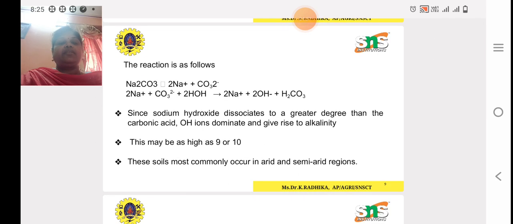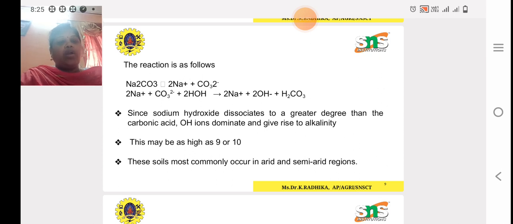Then the reaction is as follows. Sodium carbonate gives sodium plus carbonate. Sodium plus carbonate plus water gives sodium plus hydroxyl plus carbonic acid, H2CO3. Since sodium hydroxide dissociates to a greater degree than carbonic acid, hydroxide dominates and gives rise to alkalinity.